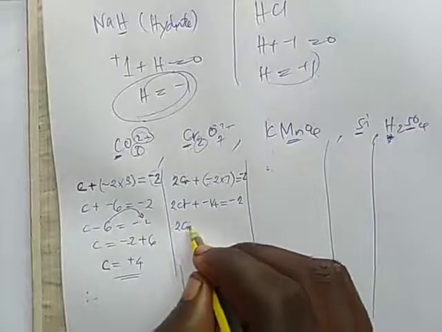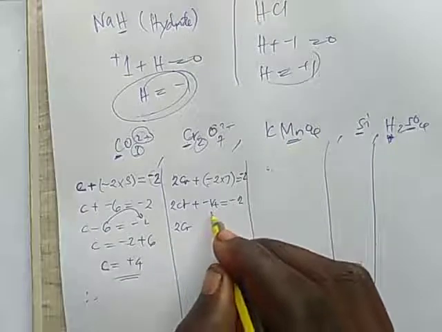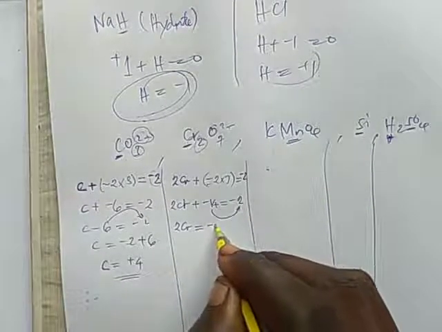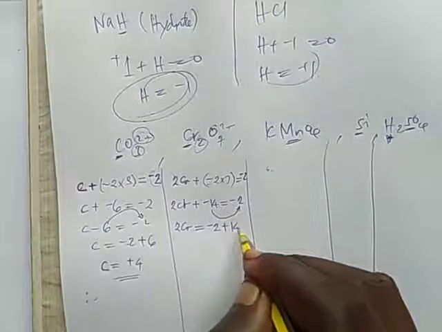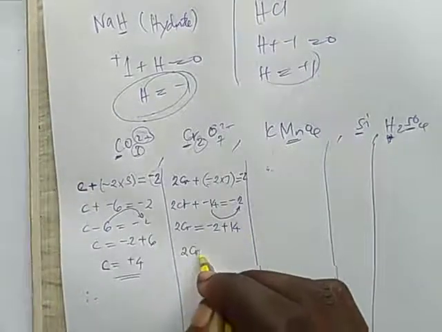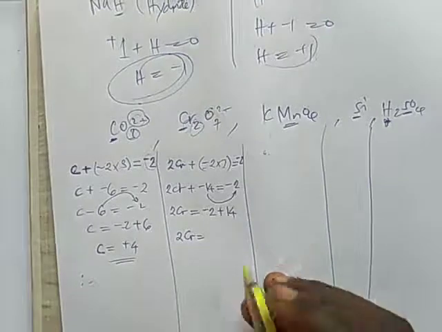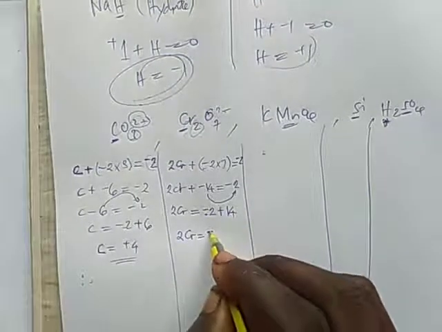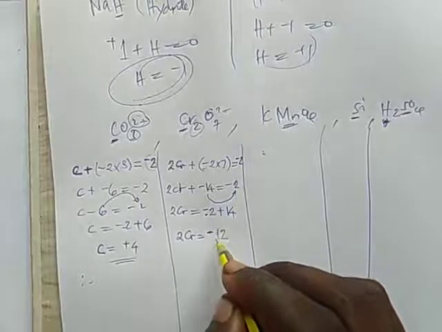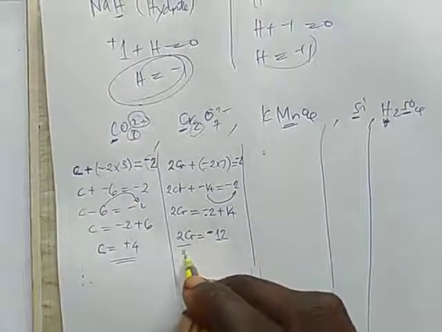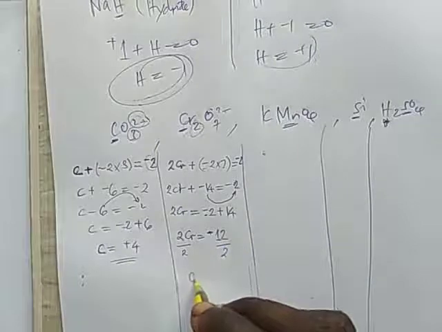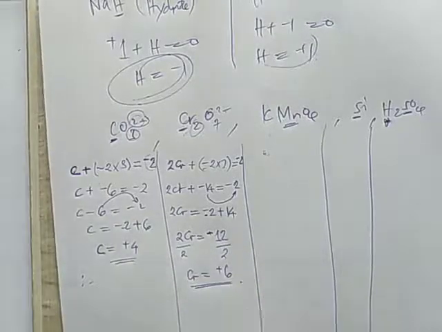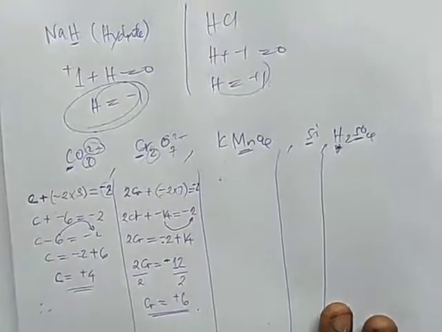So 2 chromium then hii hapa nikipeleka huko itakuwa ni positive, so ni sawa sawa na -2 plus 14. That is to say 2 chromium is equal to, hapa tutapata ngapi? -2 jumlisha 14 tutapata positive 12. So divided by 2 tutapata chromium is equal to +6. That is the oxidation state of chromium in this case.